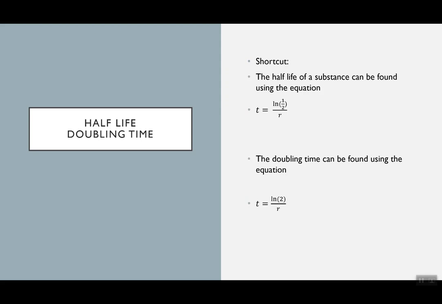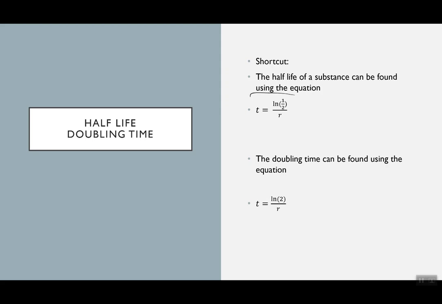There are some shortcuts that are going to be super helpful when we look at half-life and also for doubling time. So I put them together on the same slide just so that you have them all at once. If I want to figure out how much time it takes for there to be the half-life, if I know the rate, I can do the natural log of a half divided by r, and that'll tell me how long the half-life of a substance is.